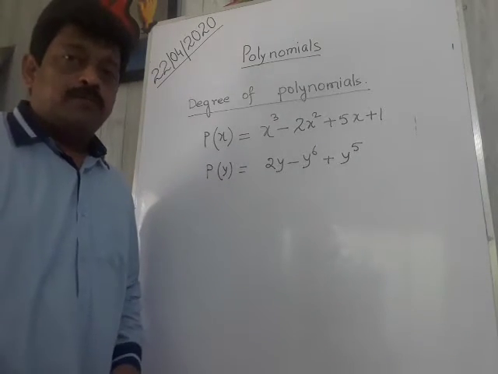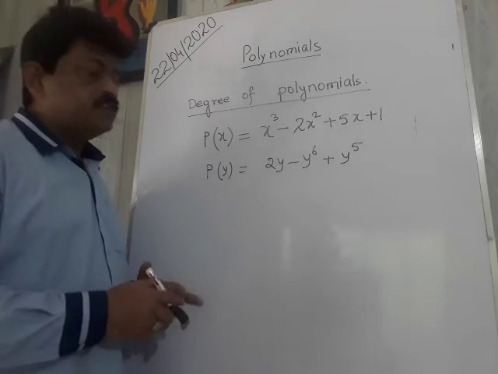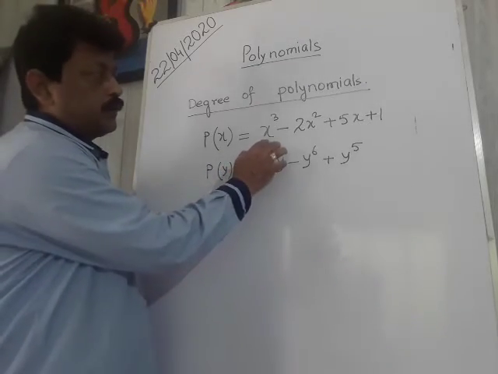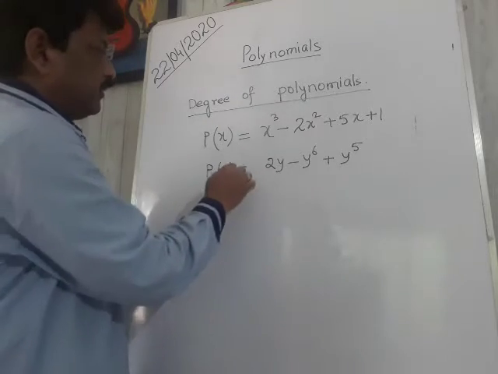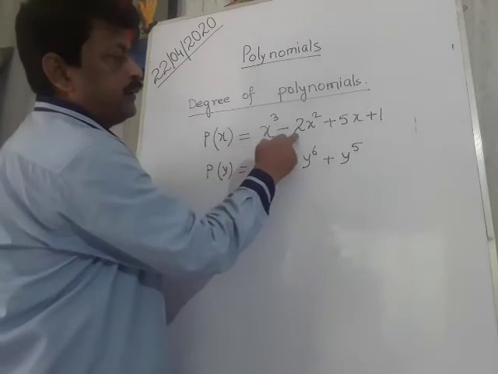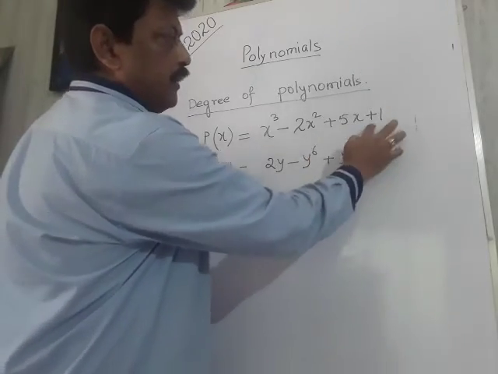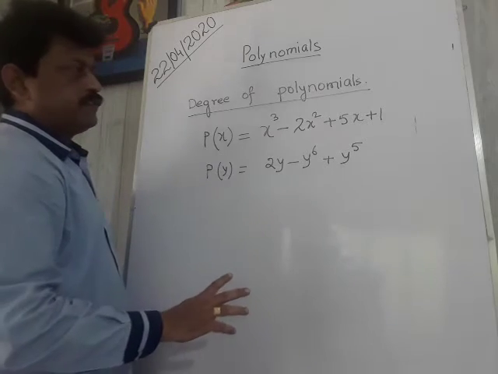Now, degree of a polynomial. Suppose p(x) is a polynomial in x. Carefully look at the powers of the variables written here: x cube minus 2 x square plus 5x plus 1. What is the highest power of the variable here?